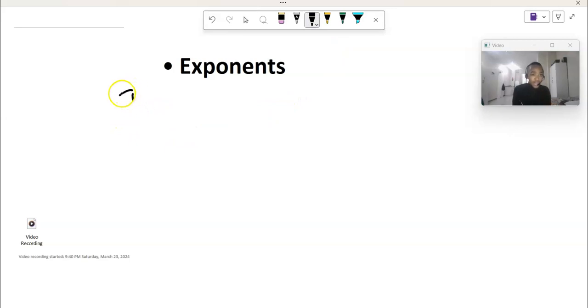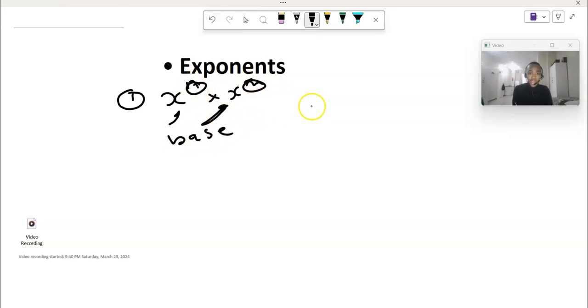The first one is when we're looking at multiplication. For instance, if we have x^n times x^m, as long as the bases are the same, we're adding the two exponents. So we'll have x^(n+m).